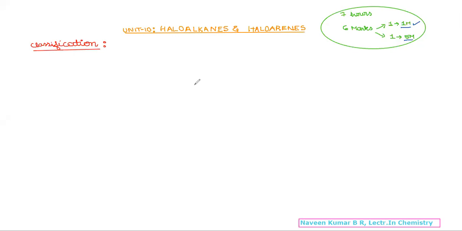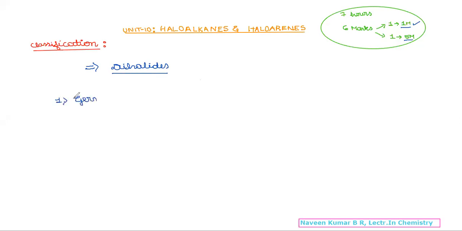Now we'll observe the last and very important type, which is a special type of compounds, for dihalogens or dihalides. We have a special classification as dihalides. In that we have two types.